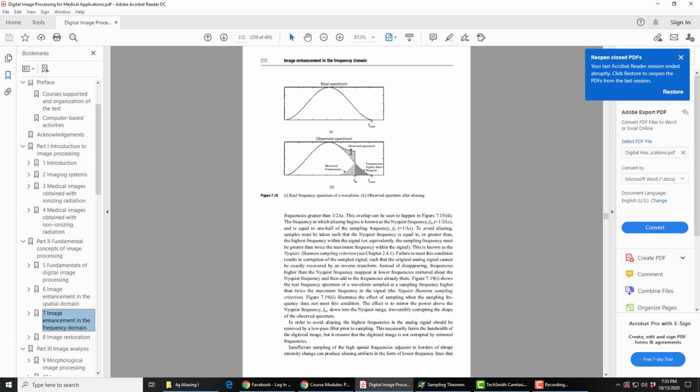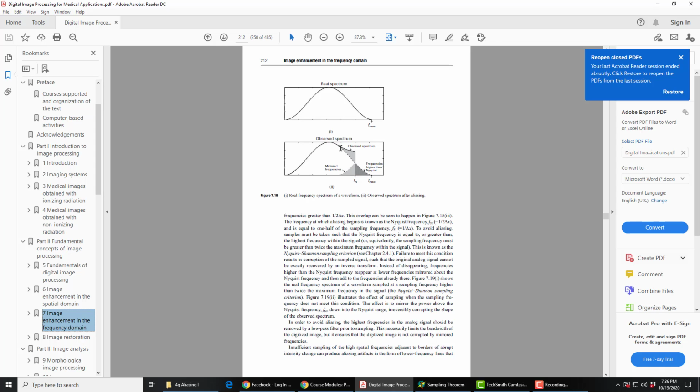This here would appear up here, and we would get a signal which has a frequency spectrum like that. So it's a double whammy, really. We get nothing above Fn, and the frequencies above that get mirrored below and add on, and we get a really corrupted shape to our observed spectrum.